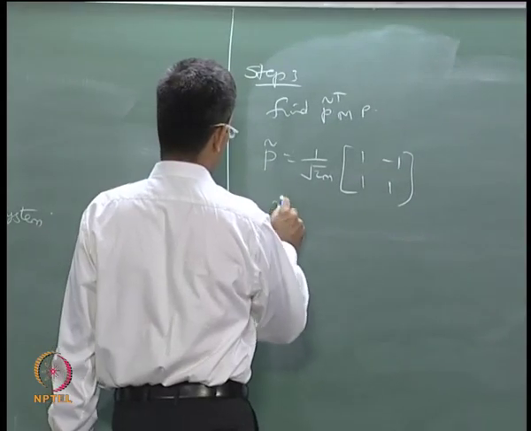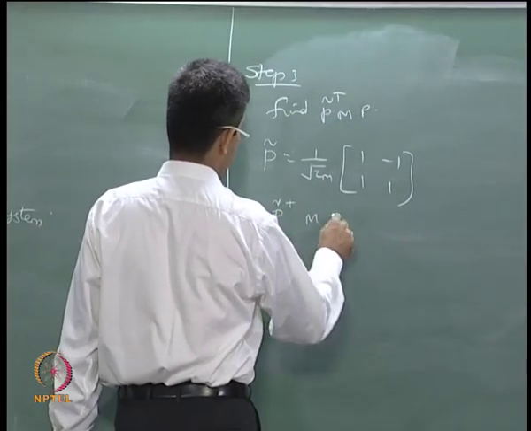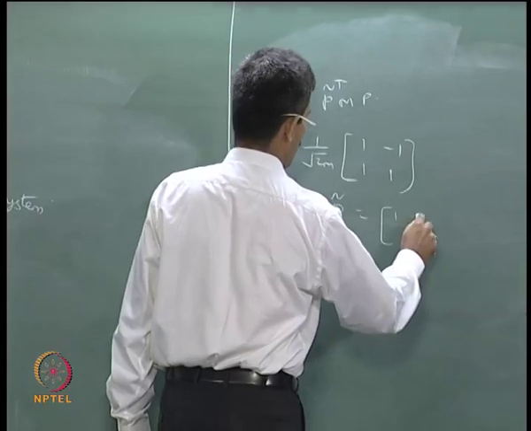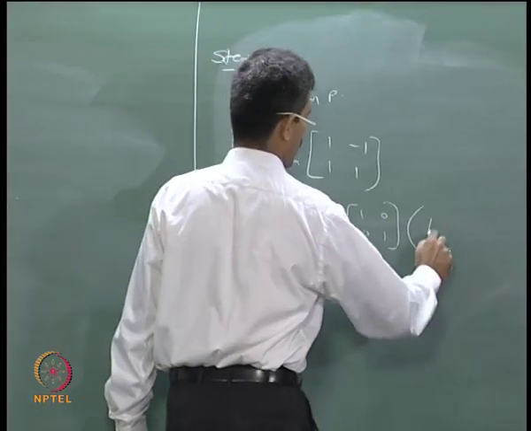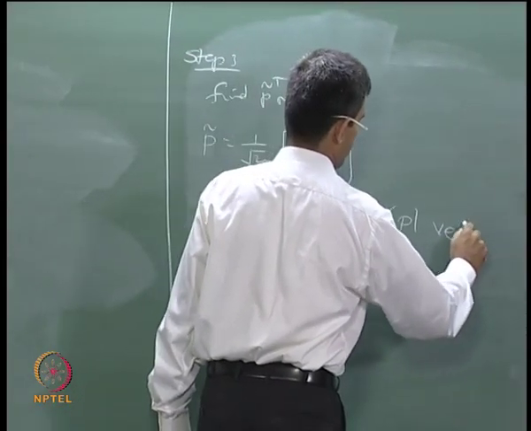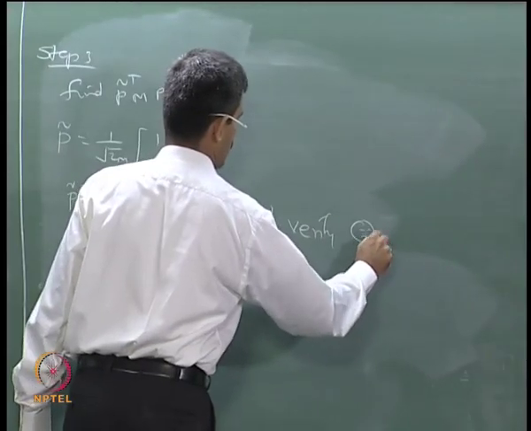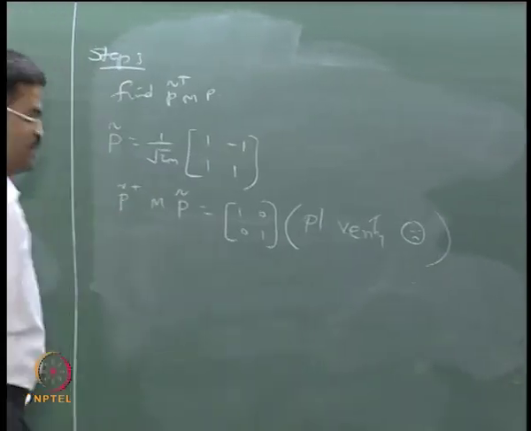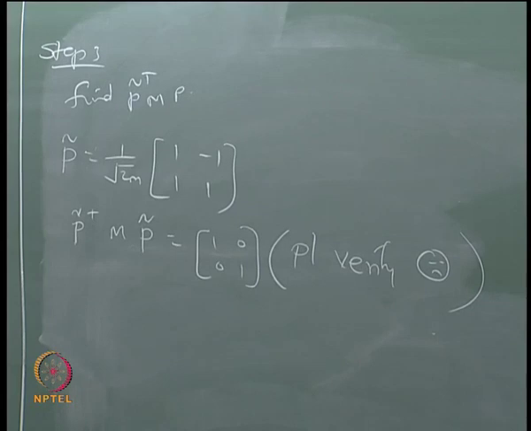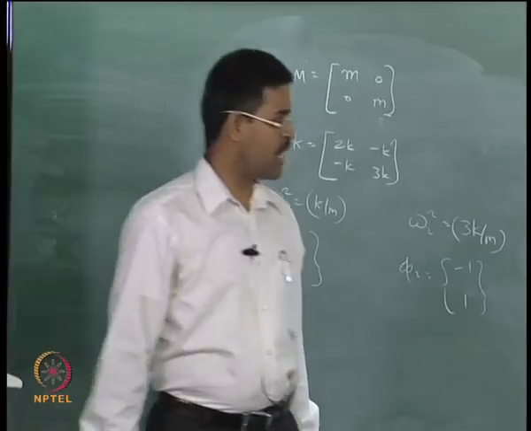So I am not showing it here, it will be 1 0 0 1, I write here, please verify. I am leaving it for you, you have to verify it. Can you also find P tilde K P?